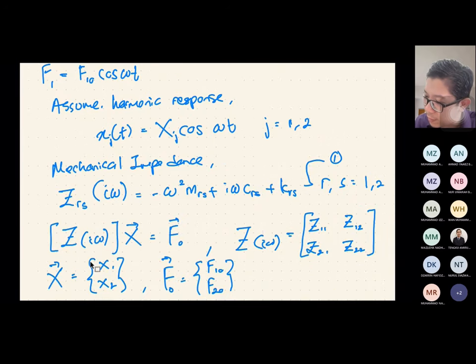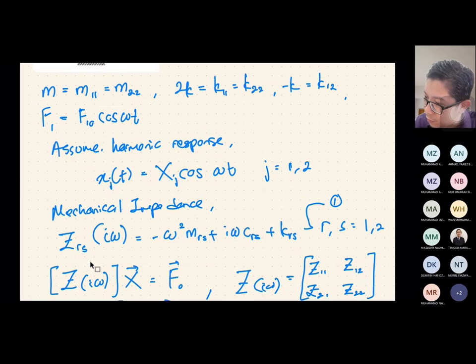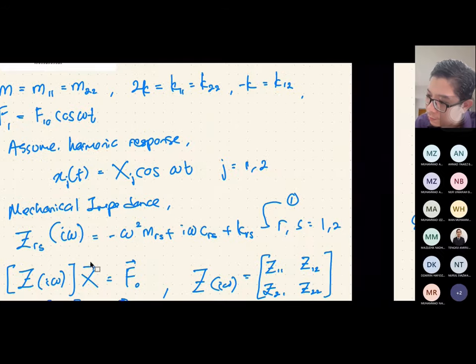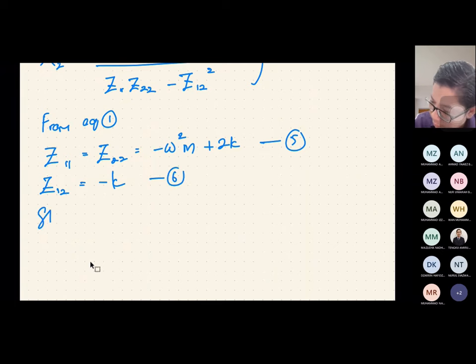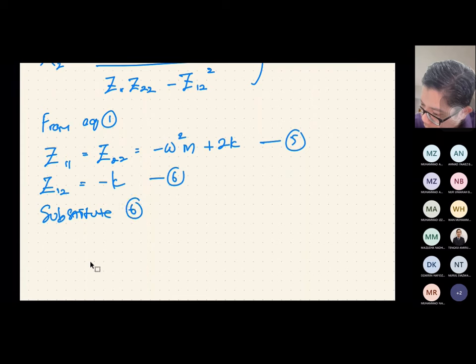Okay. So second equation, we have z12. So we take the k12. Okay. So z12 over here is only minus k. So this is equation 6. Okay. So then equation 6 and 5 to 4. Okay.